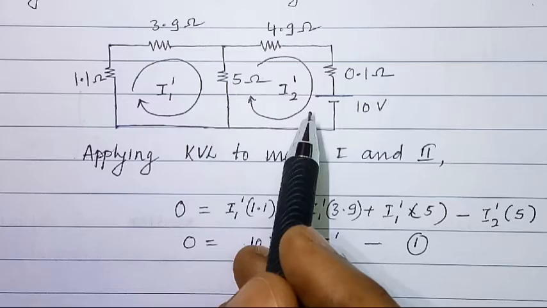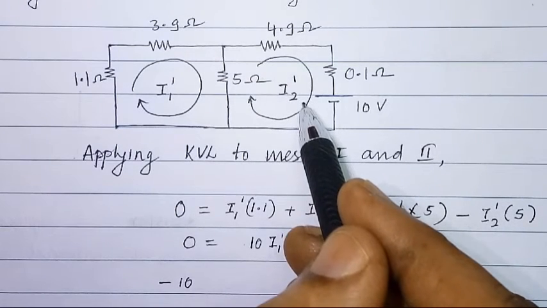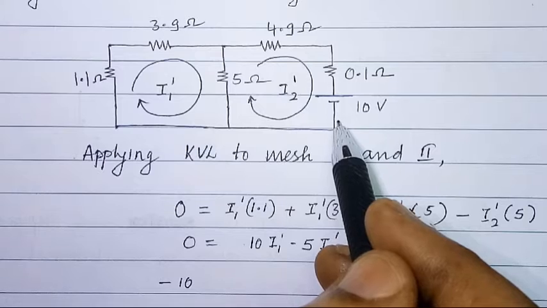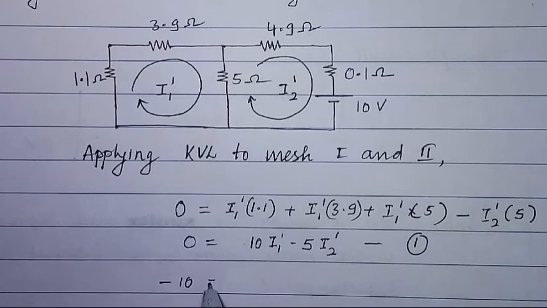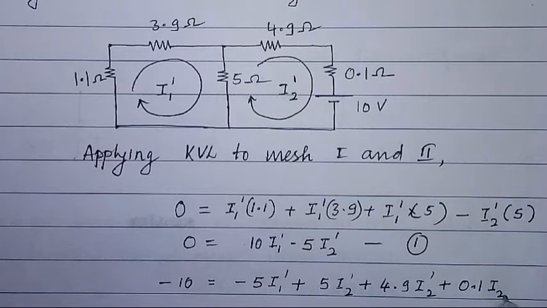If we apply KVL to mesh 2, their voltage rise is minus 10 volt because current I2 dash is flowing into the source. So minus 10 equal to minus 5 I1 dash plus 5 I2 dash plus 4.9 I2 dash plus 0.1 I2 dash.